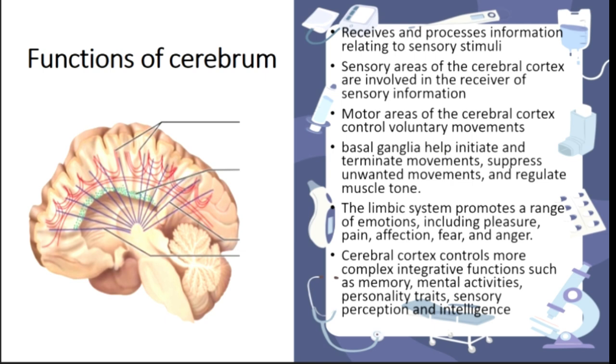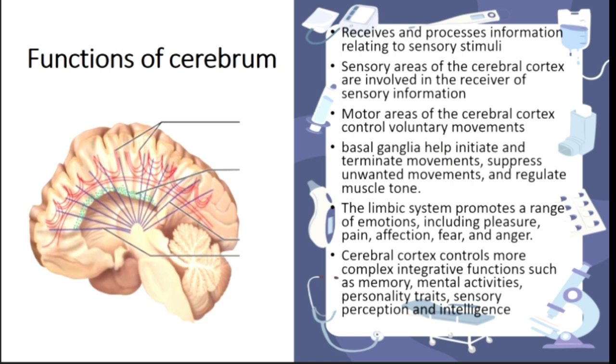So we know that there is a sensory area and a motor area in our brain, so this will receive and give the particular information to that part. This is because of this part of the cerebrum, so its function also depends on that.